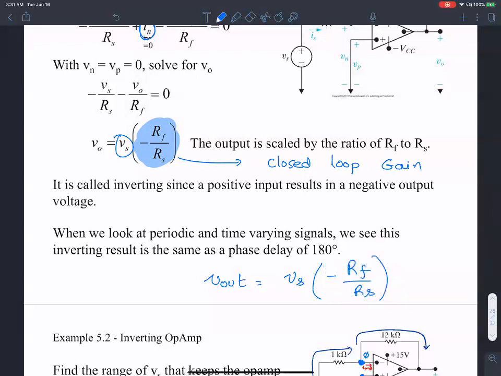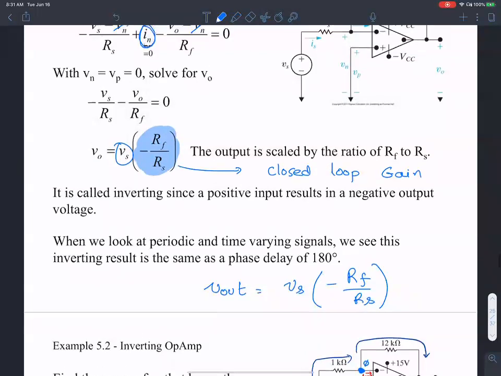Intuitively, if you try to make sense of this equation, all it says is that the output right here is an amplified version and also an inverted version, that's what the negative sign says, of the input.